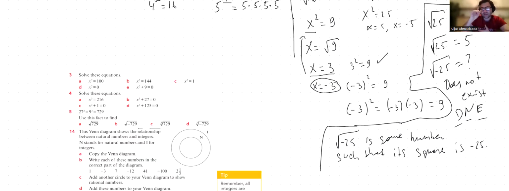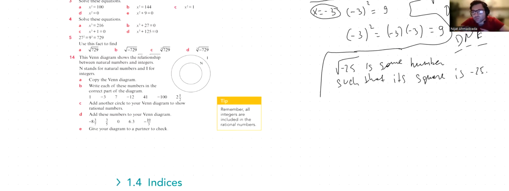And you can think a little and you can figure out that there is no such number. You cannot find a number whose square is negative.